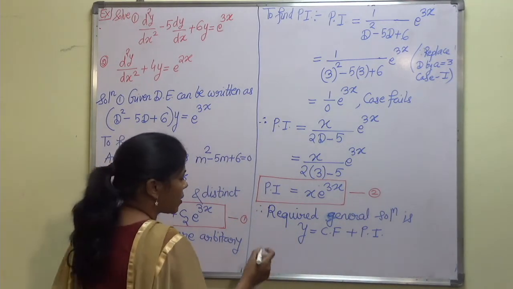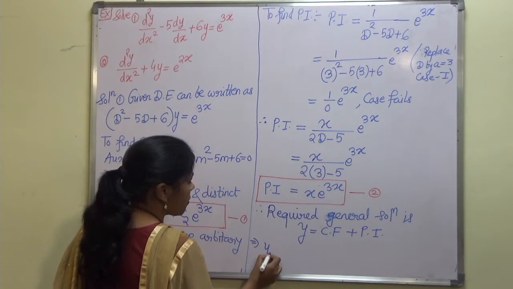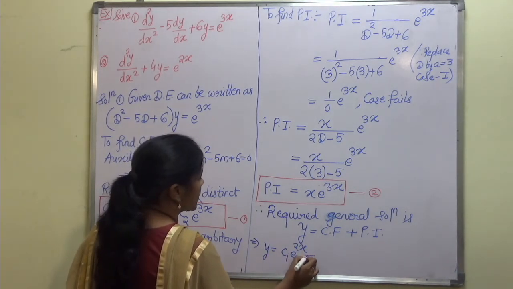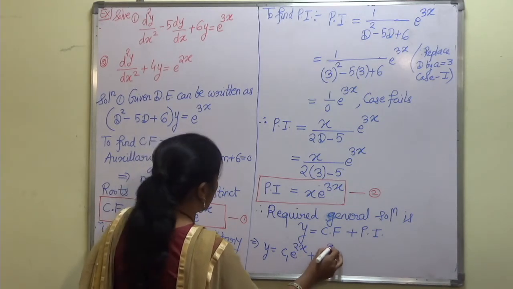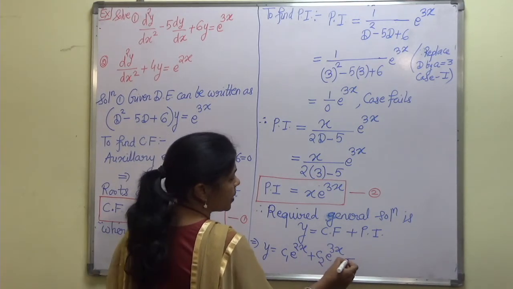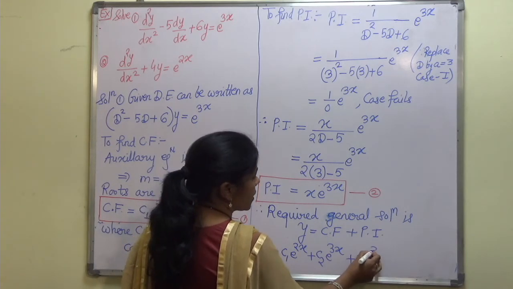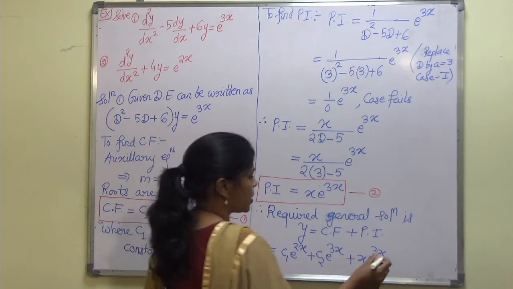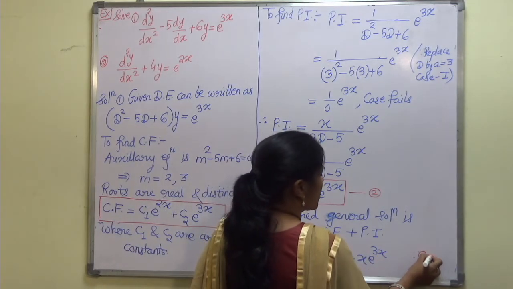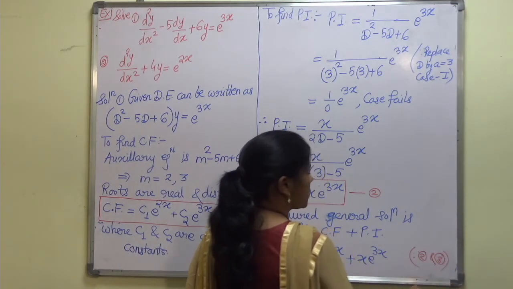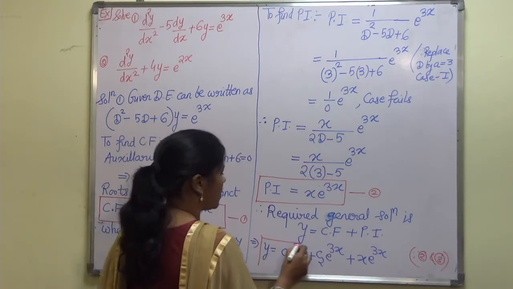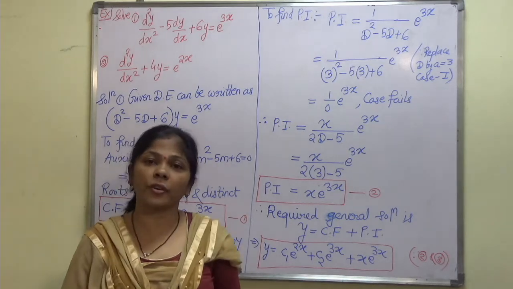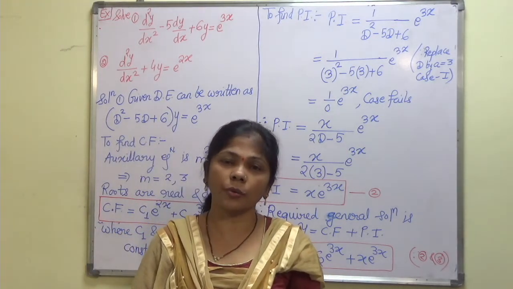So according to this, what we have? y is equal to C1 e raised to power 2x plus C2 e raised to power 3x plus x e raised to power 3x. Okay. So here we have used equations 2 and 3. In this way we get the general solution of this particular differential equation according to case 2.